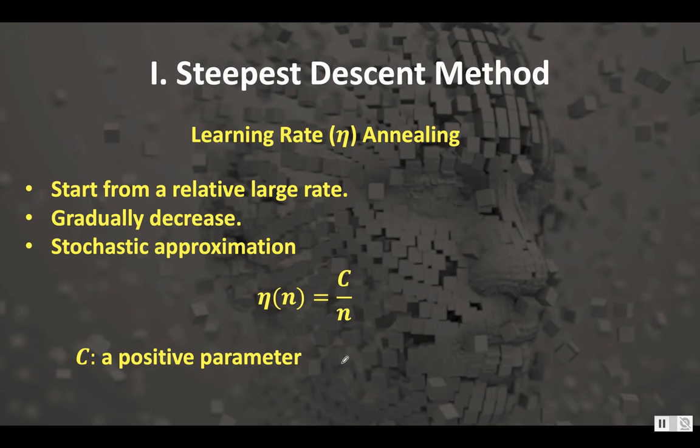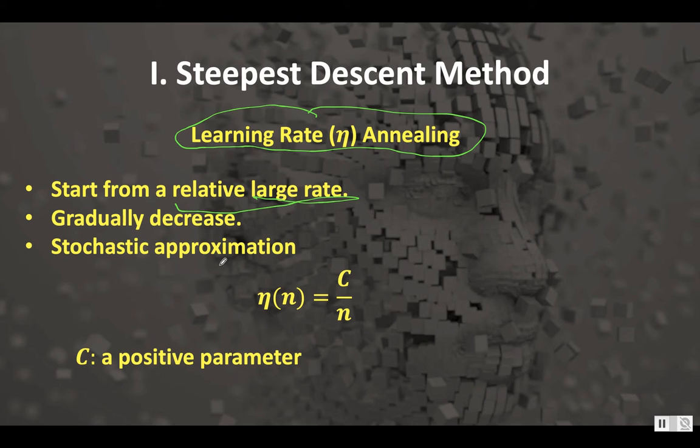So, in order to avoid too large an eta or too small an eta, we normally use a learning rate annealing method to find the optimal eta. In this method, the learning rate starts from a relatively large value, and then the learning rate will gradually decrease with the increase of iteration.